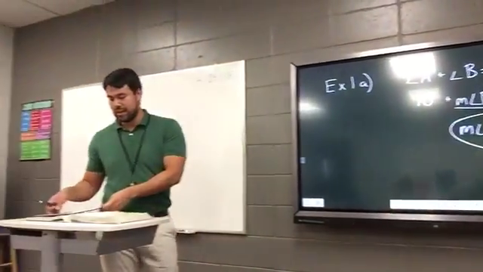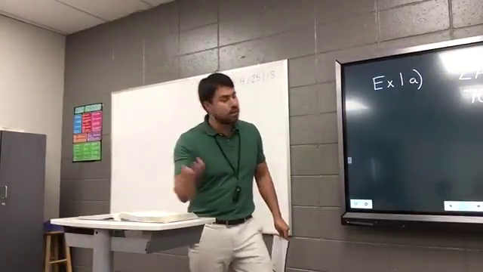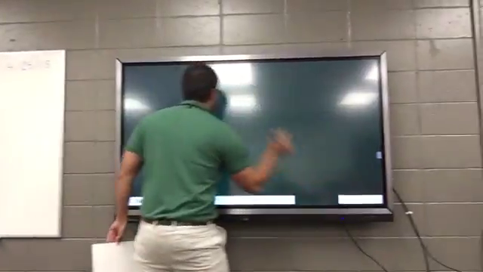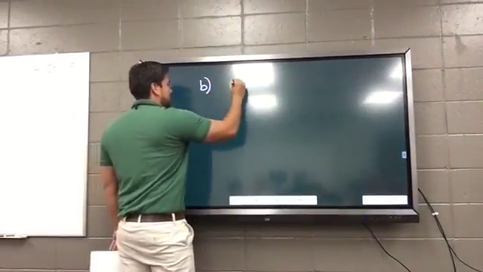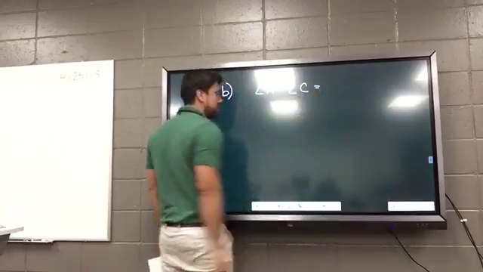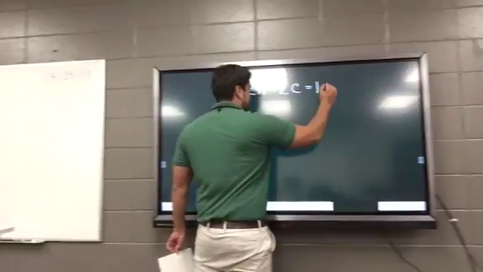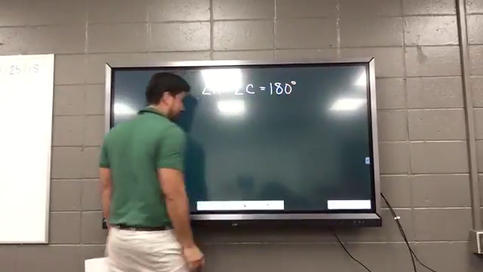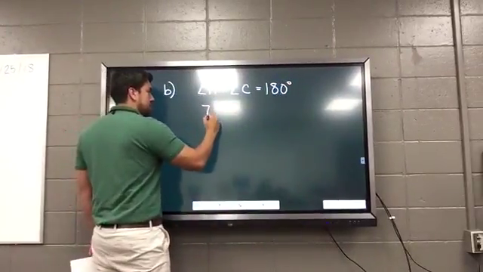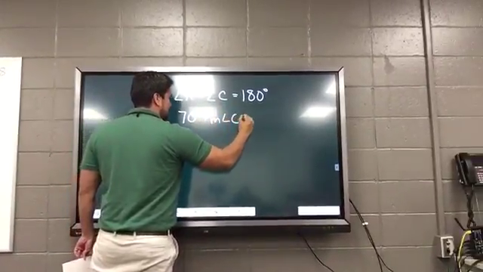All right, B, it says angles A and C are supplementary. So on B, you have angle A plus angle C are supplementary, which means they add up to be 180. Do I know what angle A is? Yeah, 70 degrees. Did they tell me what angle C was? No. So I don't know it.